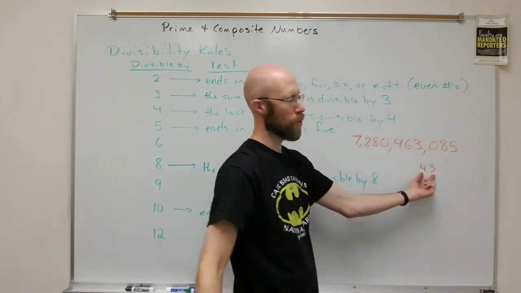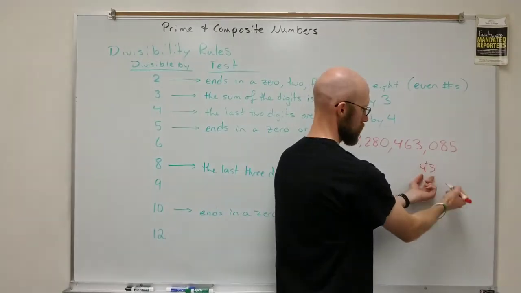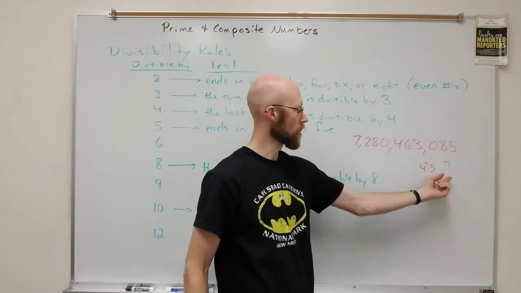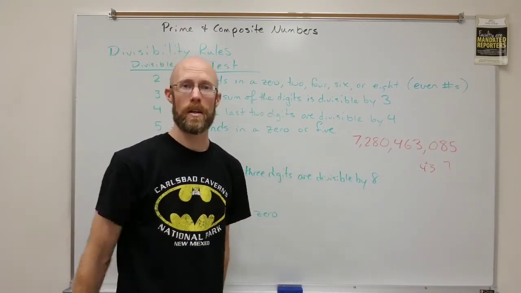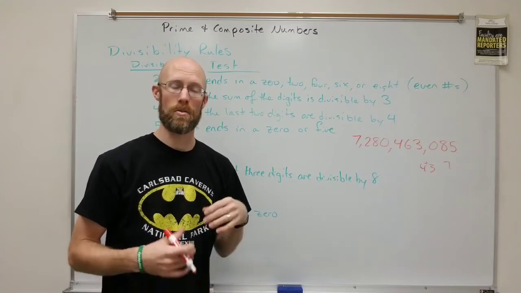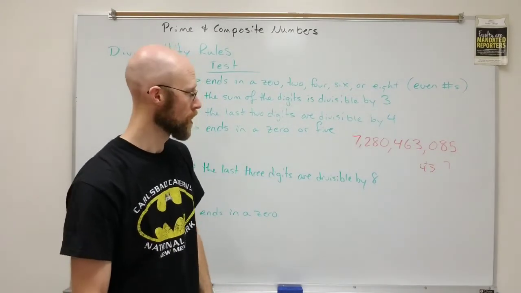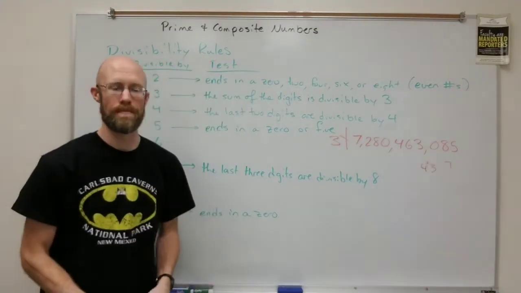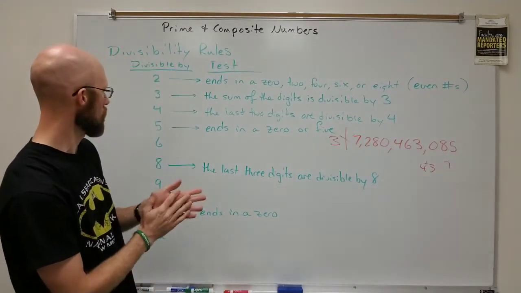If I didn't know whether the 43 was divisible by 3 or not, then I just add those digits up. And that's 7. Well, 7 is not divisible by 3, so the original number is not divisible by 3. You actually can kind of continuously break this down until you get a number that you know what to do with in terms of 3. Okay, so here 3 does not divide that number. So anyway, that's the number 3.